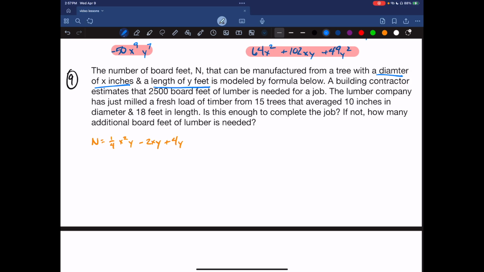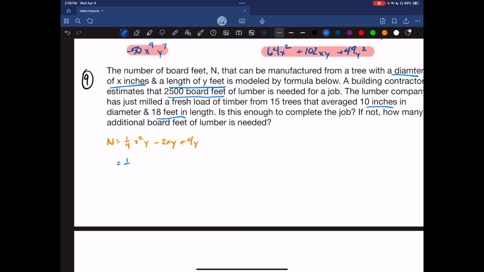A building contractor estimates 2,500 board feet of lumber is needed for a job. The company just milled a fresh load of 15 timbers. That's important because this formula is just for one timber, so whatever I get, I have to multiply by 15. The average is 10 inches in diameter and 18 feet in length. So those are my numbers. So I'm going to say 1/4, x is 10 squared, y is 18.